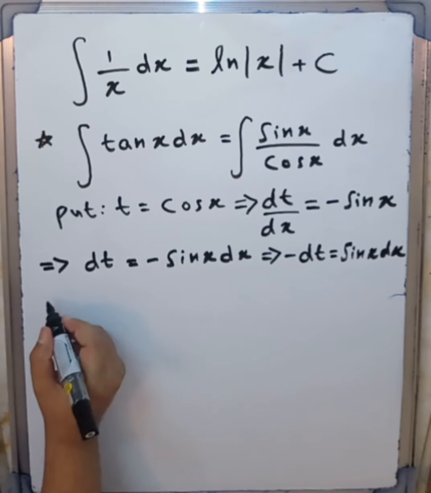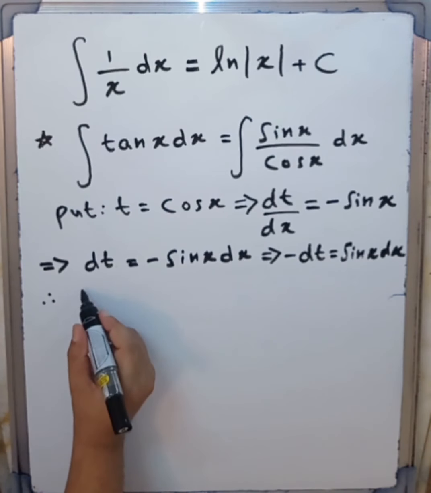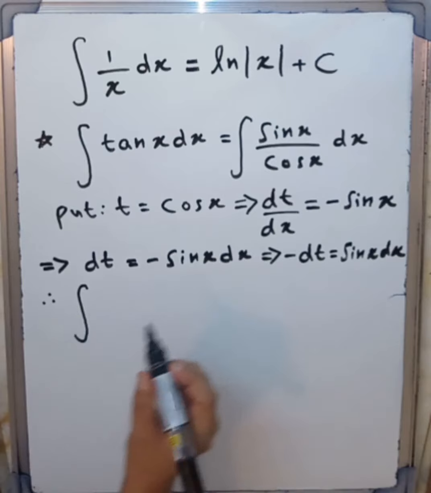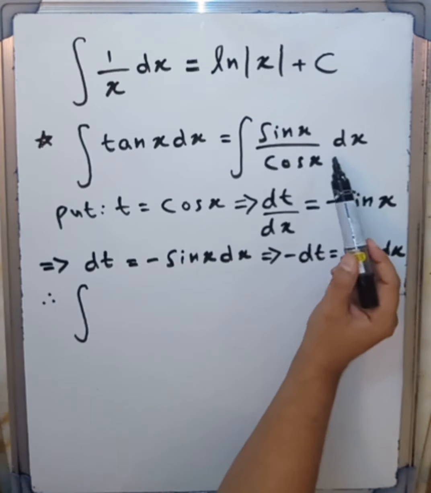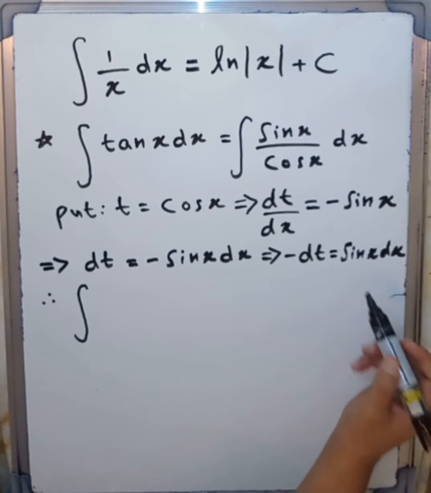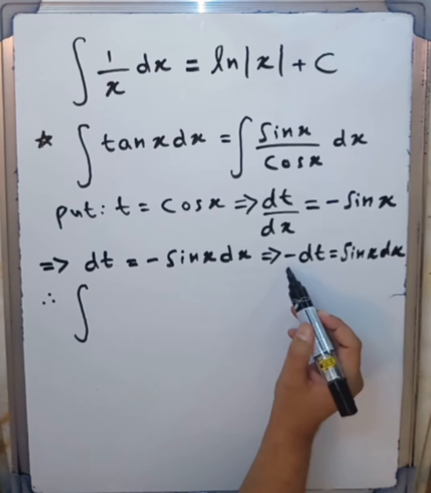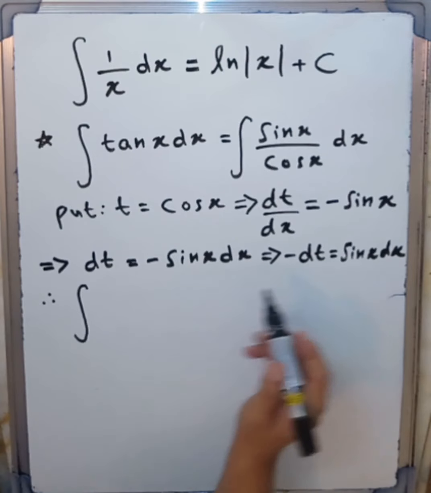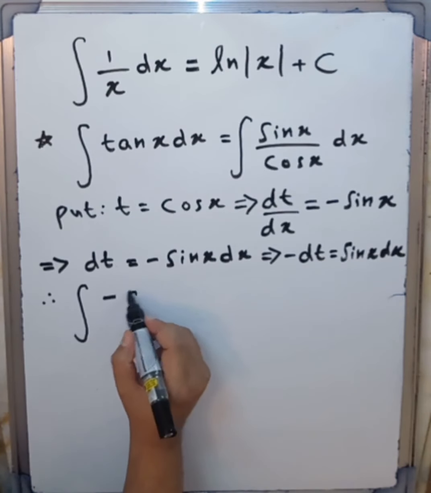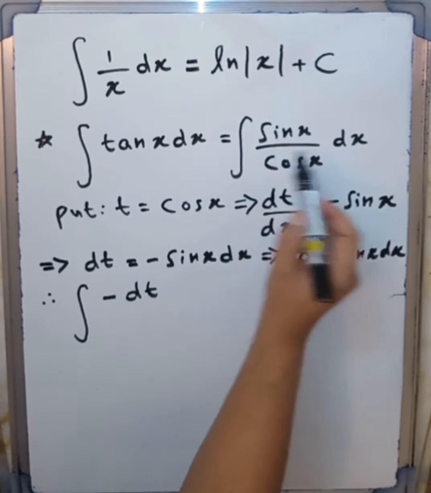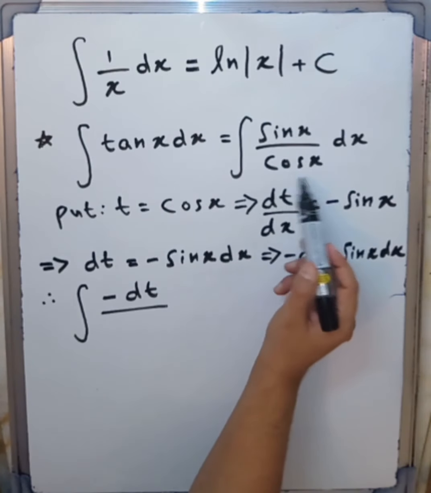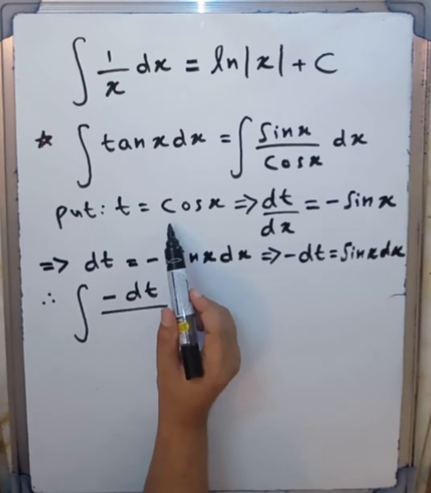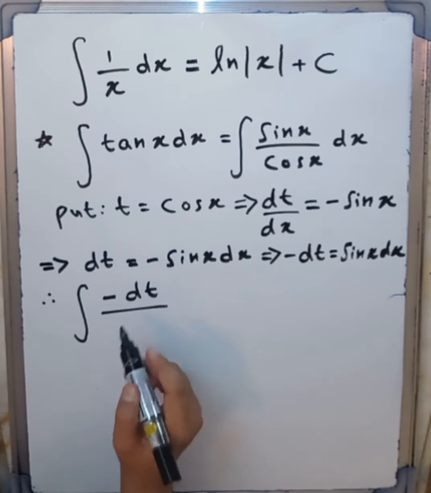And therefore the integration becomes integration of sin x dx over cosine x. Sin x dx is equal to negative dt, and cosine x is equal to t.